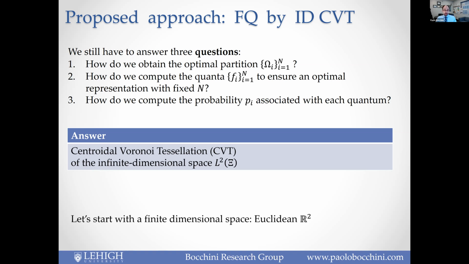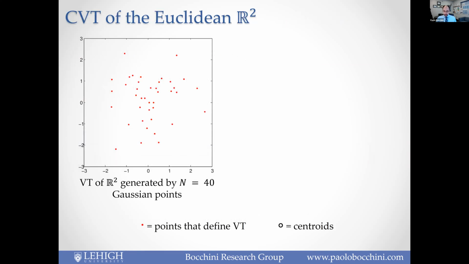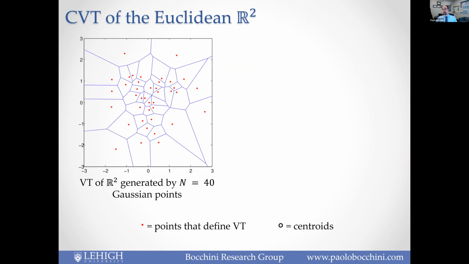To explain this, I like to start again with a simple two-dimensional Euclidean space. So I think that most of you are already familiar with the concept of Voronoi tessellation. If you have a space and you have some generating points, these red dots, the Voronoi tessellation is made in such a way that all the points in a certain region are closer to their generating point than to any other generating point.